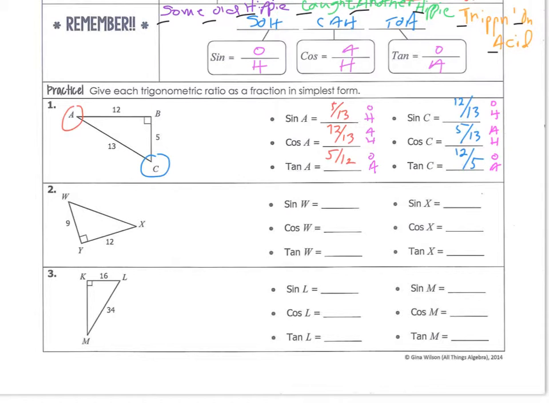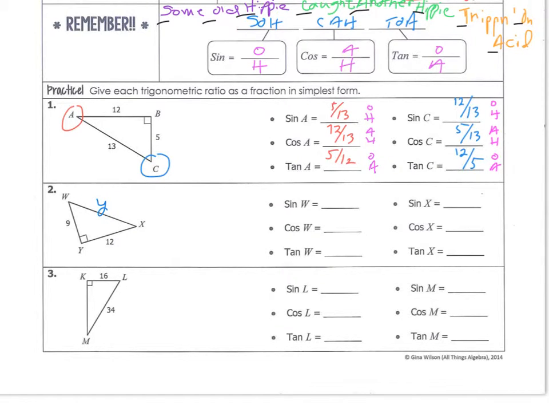What are they? Okay, so what is the difference between question 1 and question 2? Okay, we're missing a side, right? We're missing a hypotenuse. How can we find it? 9 squared plus 12 squared equals y squared. Great, we're going to use the Pythagorean Theorem. So I'm going to let that be little y.